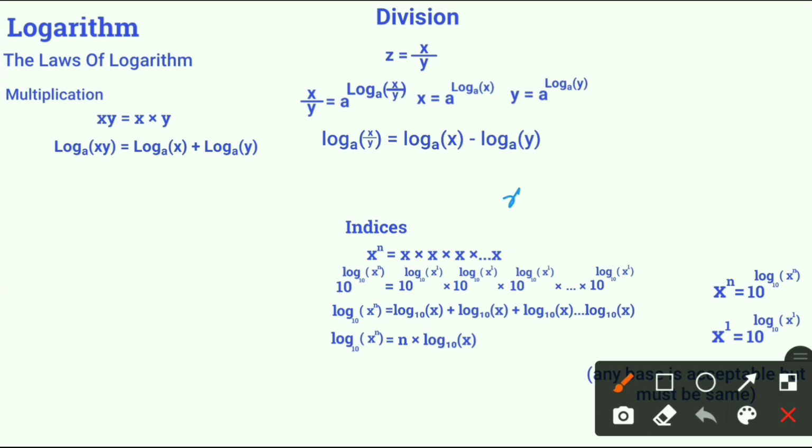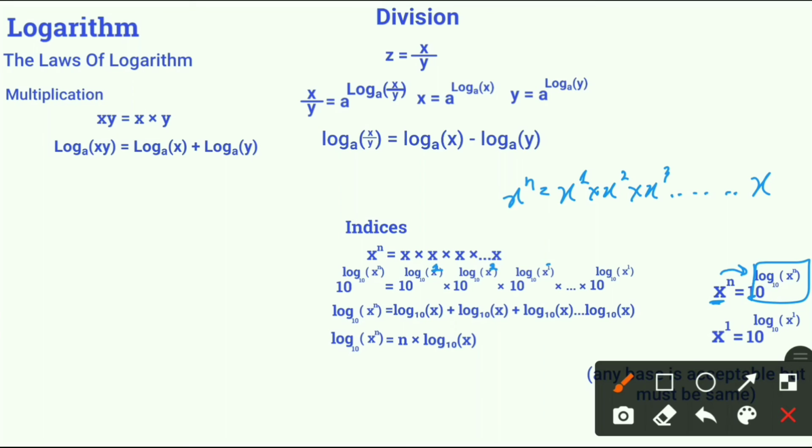So what's happening here? x^n is equal to x1 multiplied by x2 multiplied by x3, and so forth. Let's say that you just convert x^n into 10 to the power log_10 of x^n. Just put the whole thing this way, 1 1 1 1.